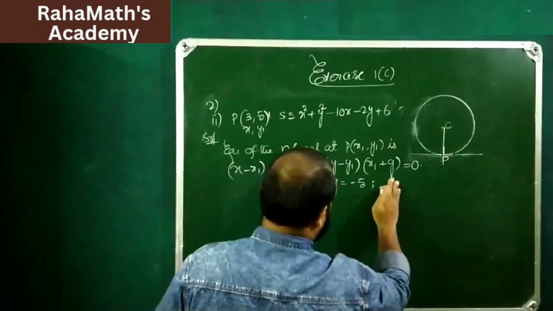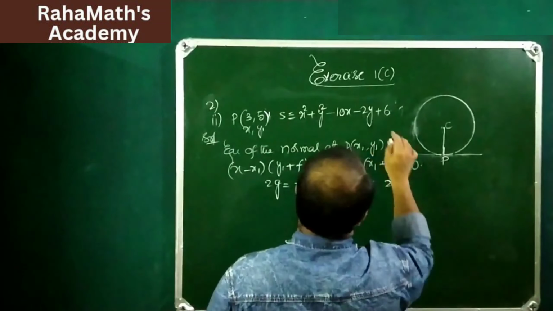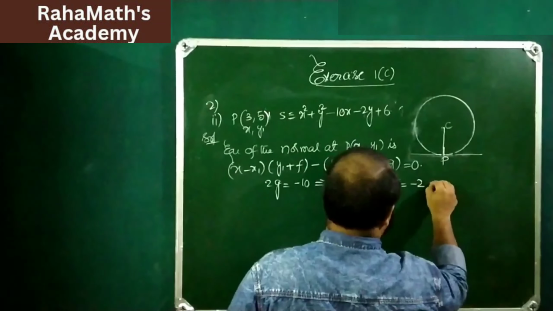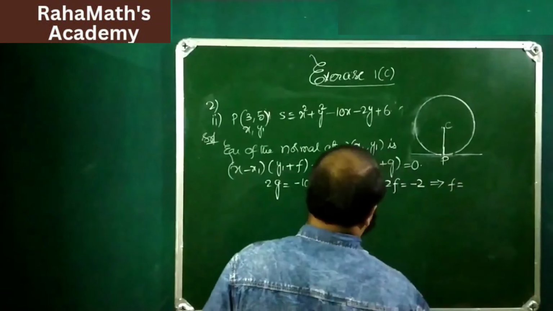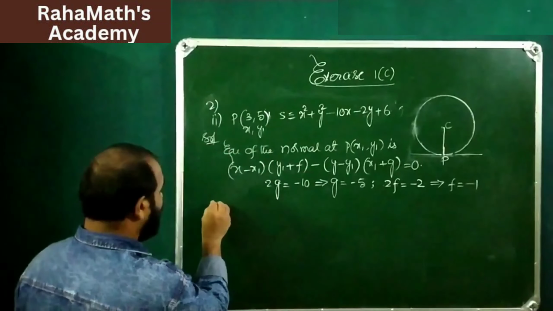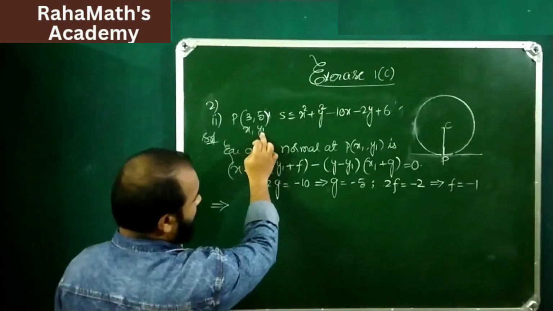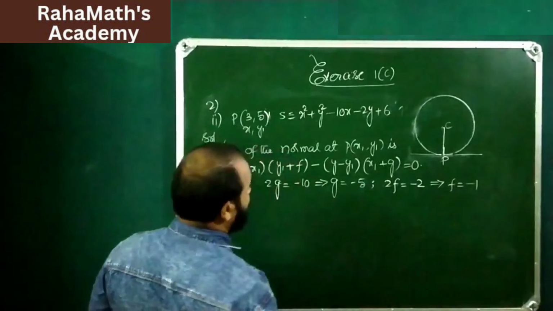Likewise, 2f equals minus 2 implies f equals minus 1. So we have x1, y1, and the g, f values also.